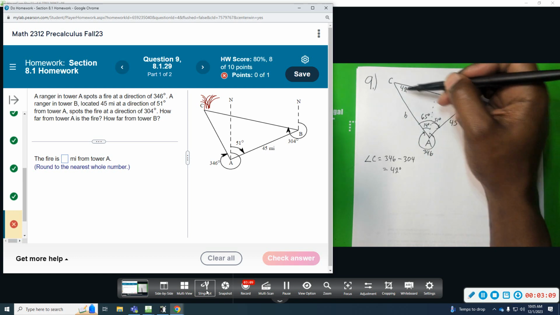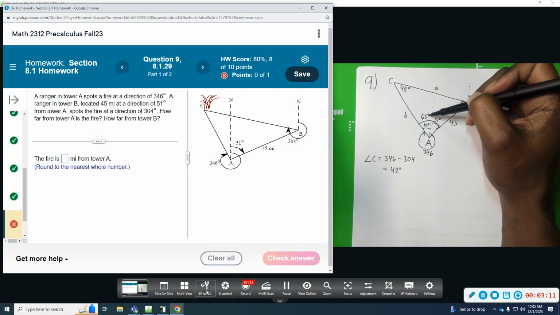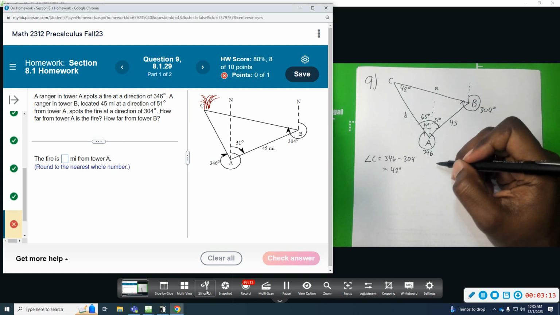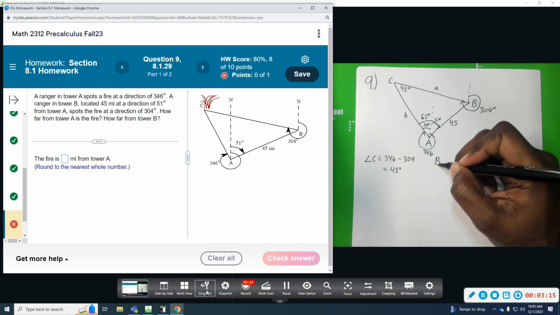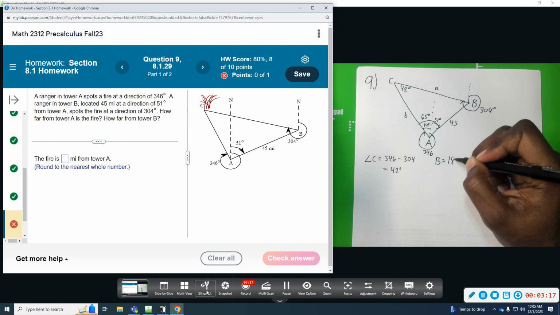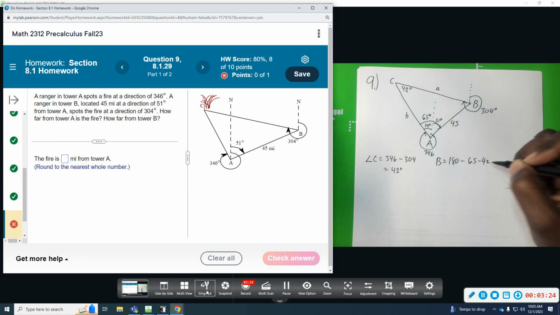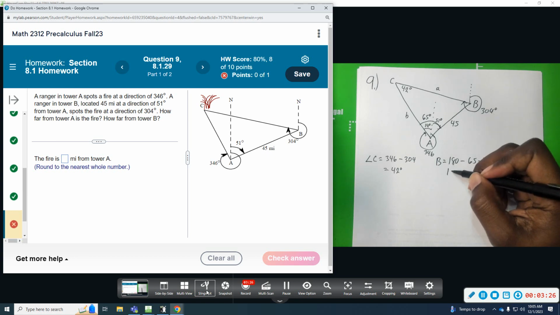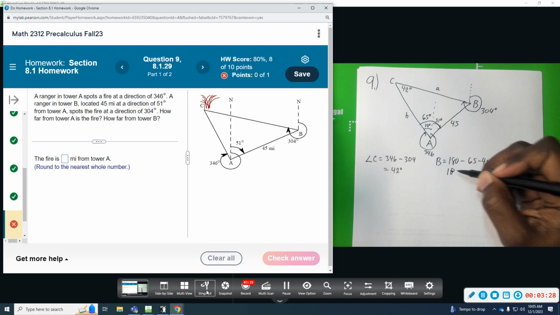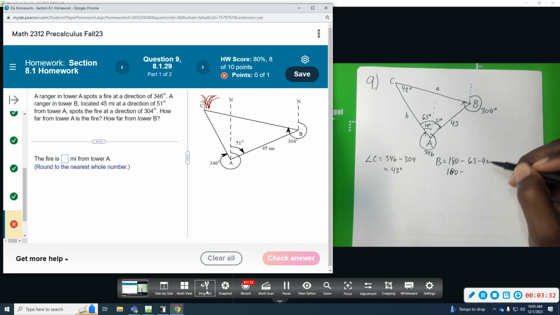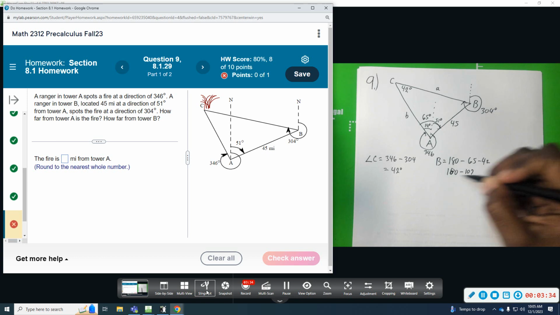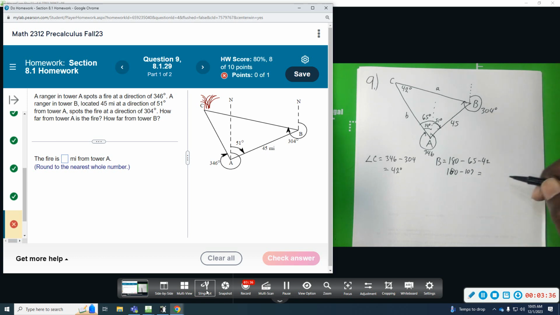And then we can add angle A and angle C, and subtract from 180 to get angle B. It's 107. So that gives us 73.